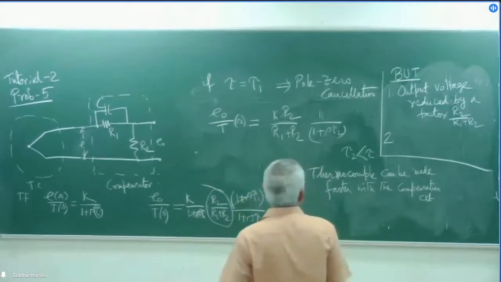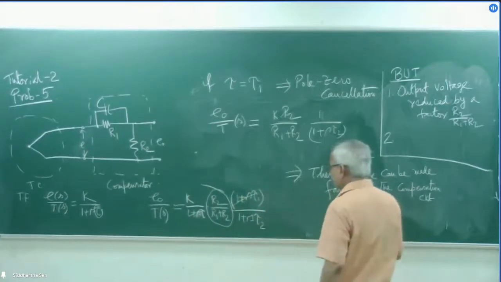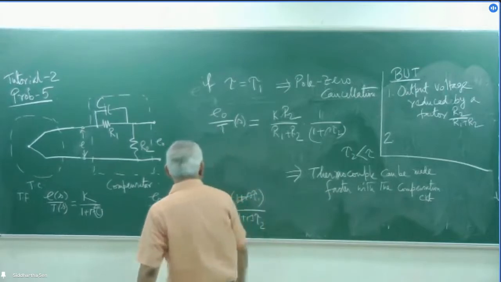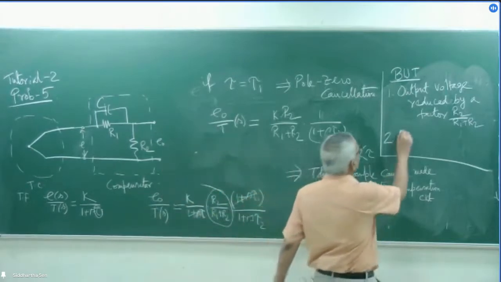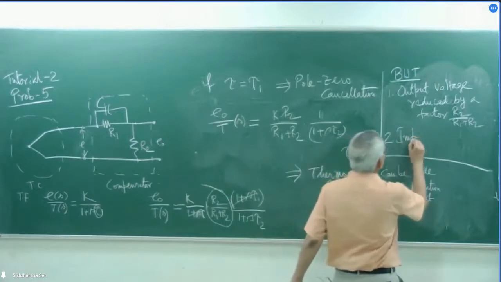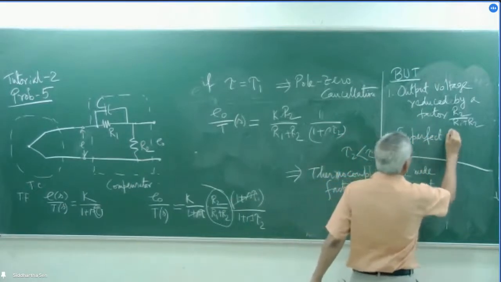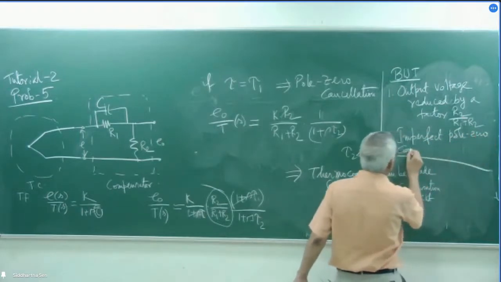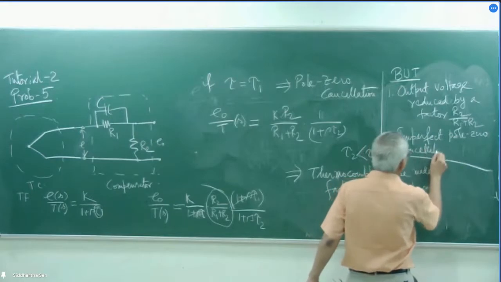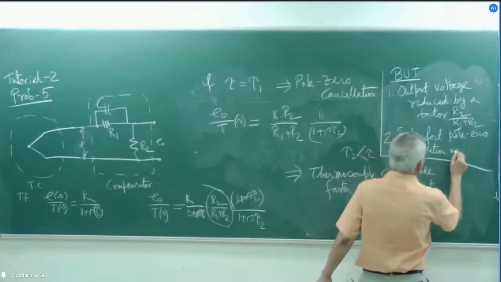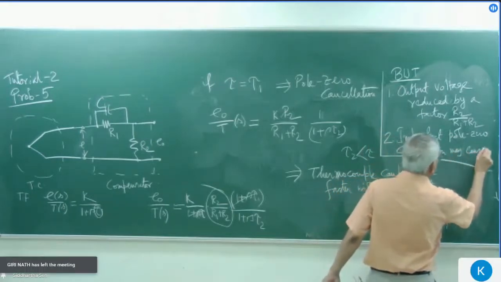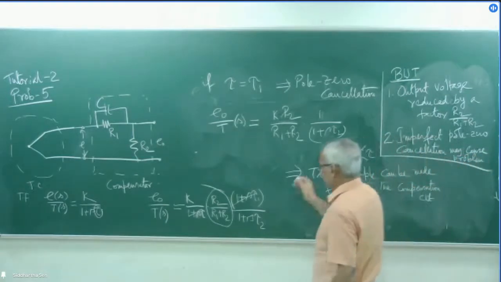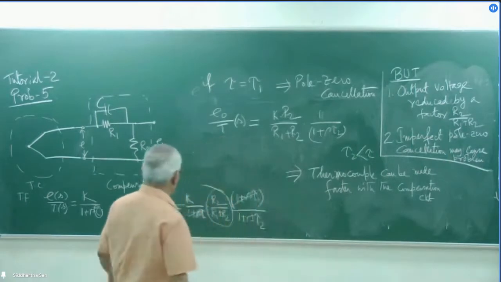So in that case, if there is not perfect compensation, imperfect pole zero cancellation may cause problems. Because in that case, we would have 1 zero and 2 poles.